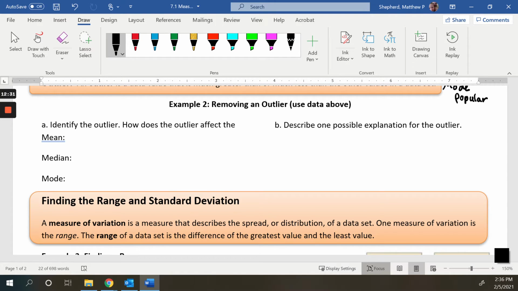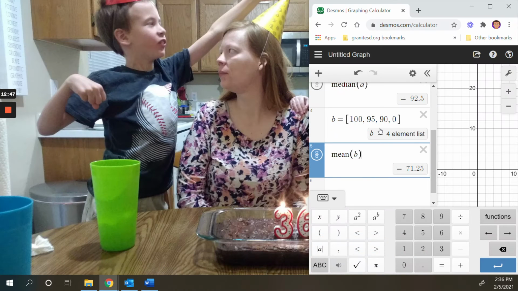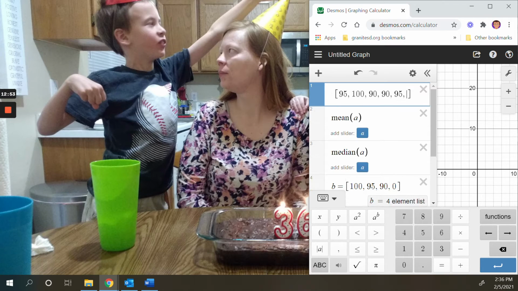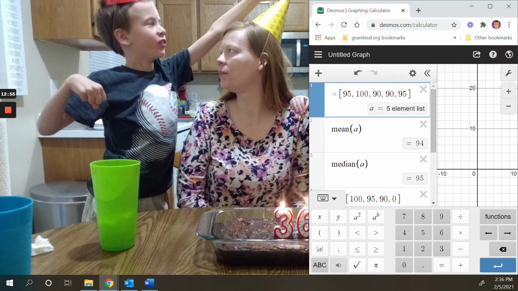So when we remove an outlier, we're going to use the same data as we had before. We want to identify the outlier. Well, we did. And we want to figure out how it affected the mean, median, and the mode. So what I'm going to do is come back to my data set, and I'm going to go over to the 10 and delete it.